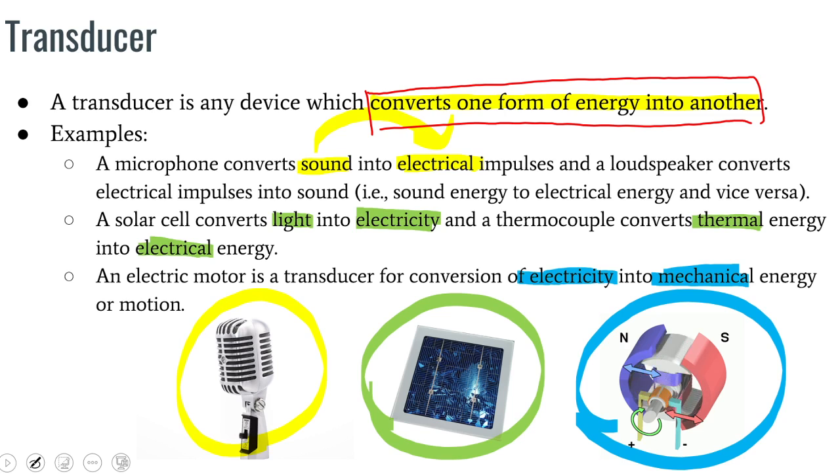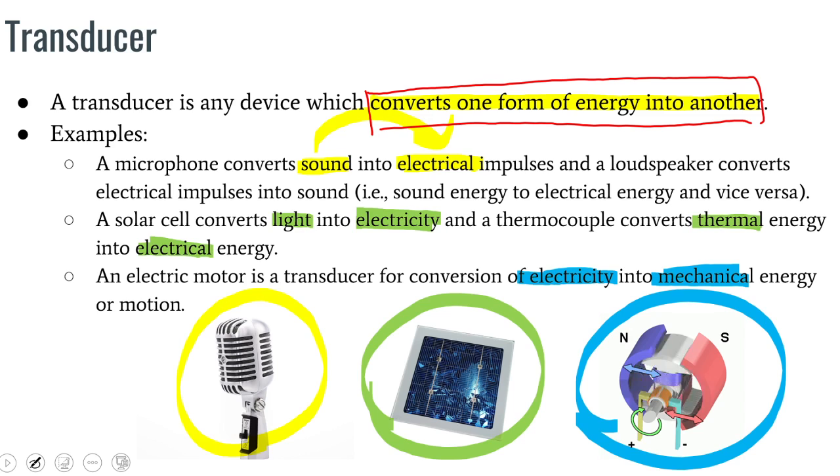So when we are building systems, this would be necessary in many ways. Either we may want to produce certain things in a particular energy form. Say, for example, we may want to produce movement, so then we may use a motor that is going to convert electrical to mechanical energy.